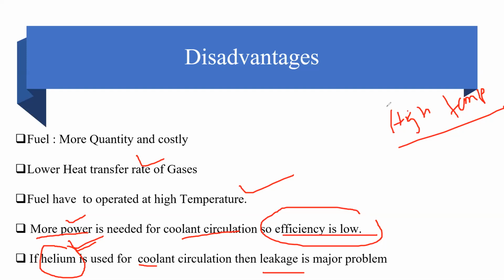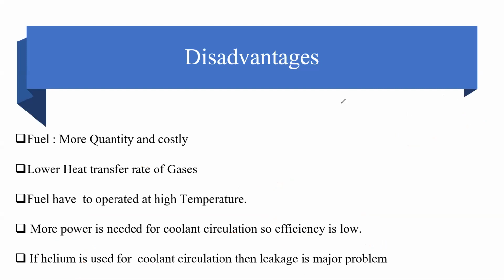So these are some issues and disadvantages with respect to gas cooled reactors. You observe that the advantages and disadvantages depend upon which type of coolant and which type of moderator is used. According to that, we write down the advantages and disadvantages. I hope you understood this concept.